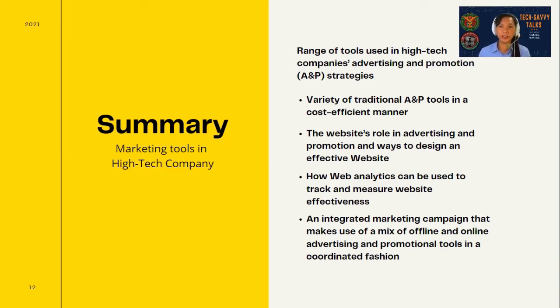We also learned how web analytics can be used to track and measure website effectiveness. Also, integrated marketing is a must, making use of a mix of offline and online advertising and promotional tools in a coordinated fashion.